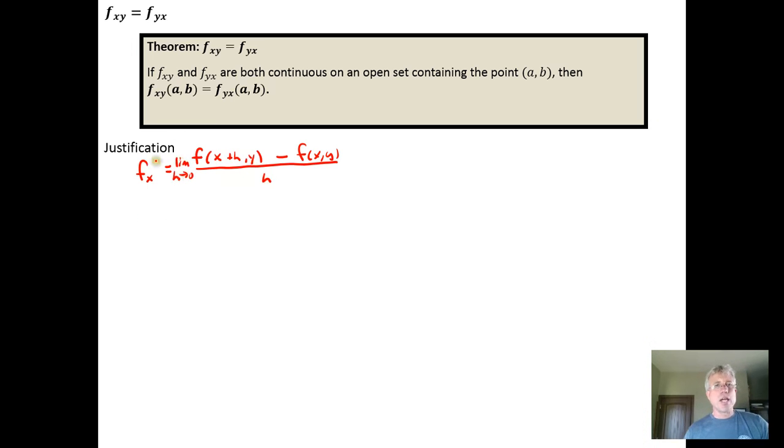So if we were going to calculate the mixed partial f sub xy, where you take the derivative with respect to x and then take the derivative of this result with respect to y, we would need to take partial y of our derivative taken with respect to x.